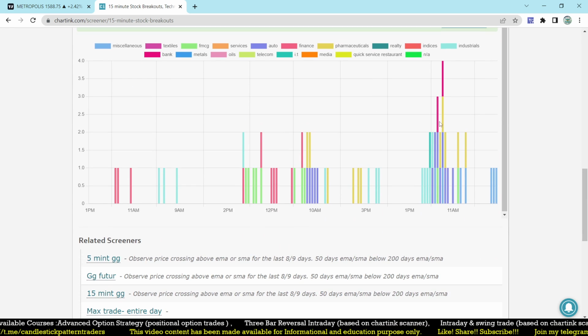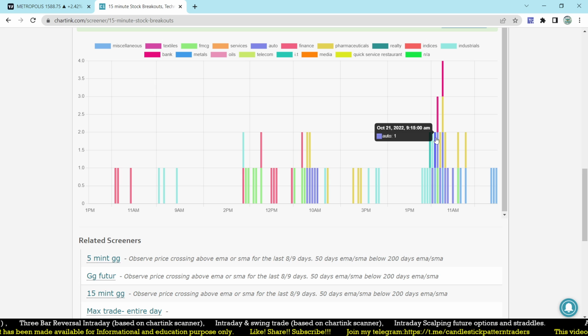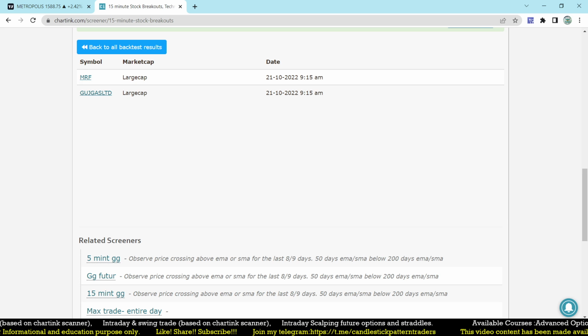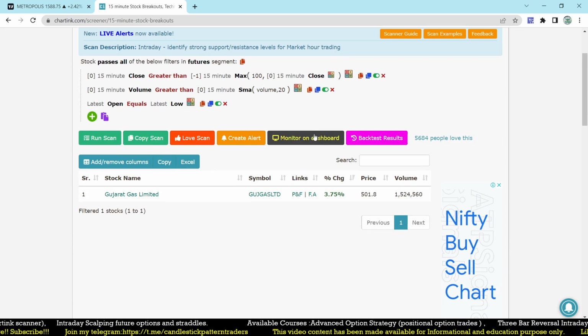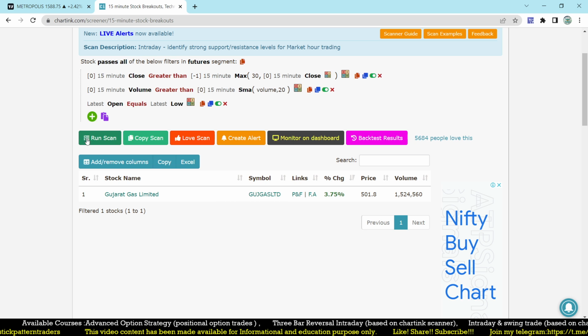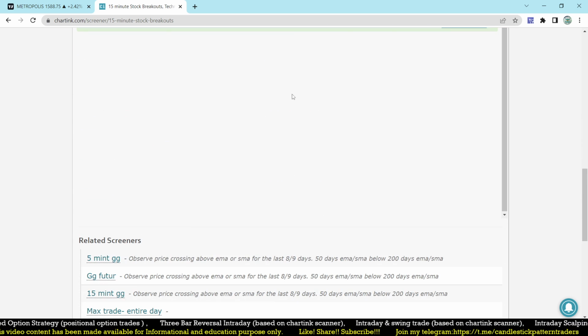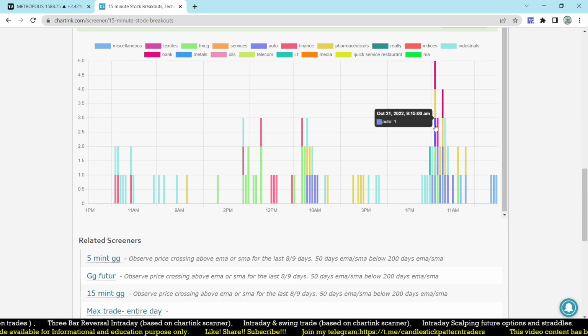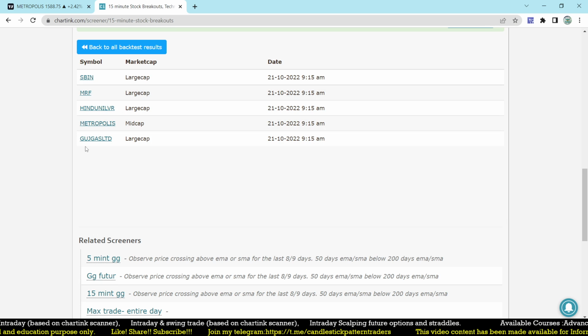Okay, yesterday at 9:15, how many stocks? We have only two stocks, MRF and Gujarat Gas. Instead of this, the number of candles which I am increasing or decreasing, if I use 30 candles, we got a lot more stocks at 9:15, around 2, 4, 5 stocks.